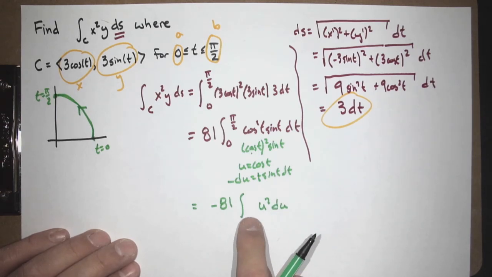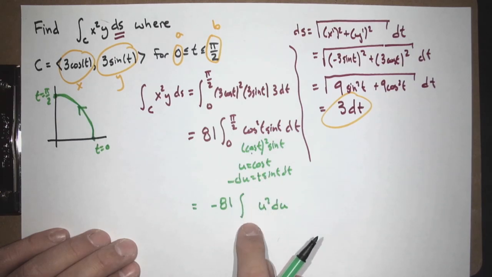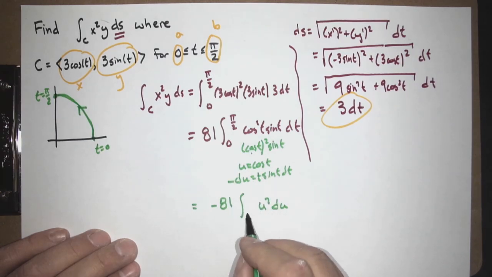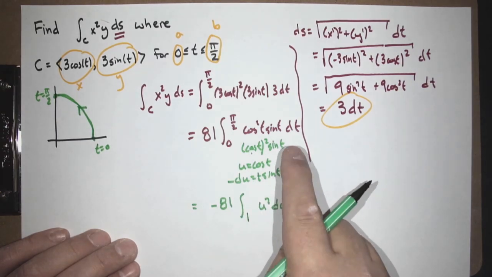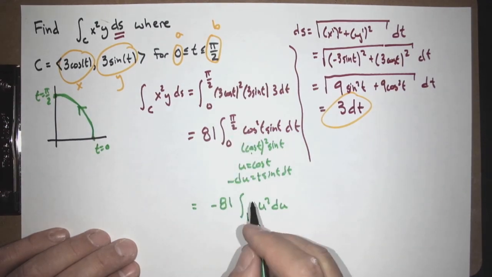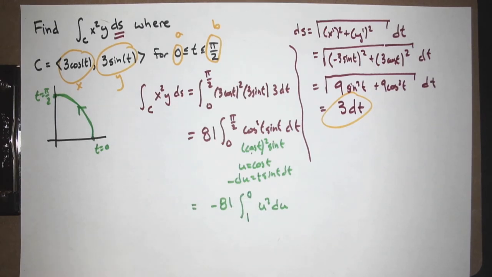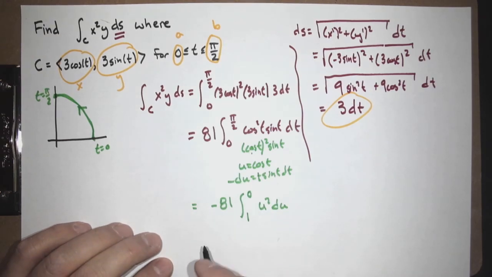What about the bounds? At time 0, cosine 0 becomes 1. At time pi halves, cosine pi halves becomes 0. Now, if you don't like the bounds being out of order, and some people don't, what can you do? Flip them and then negate. But we already have a negative in front, so hey, that works out pretty well.